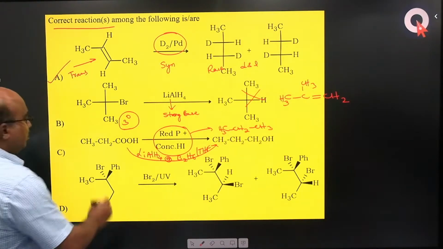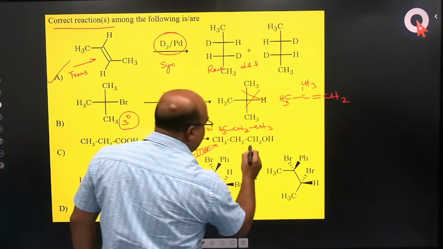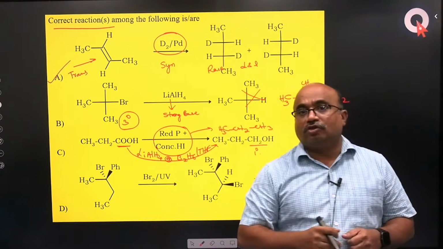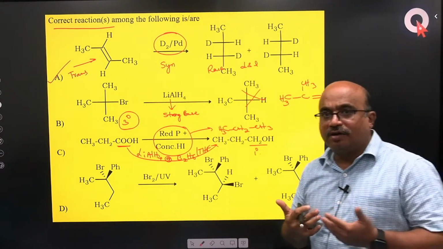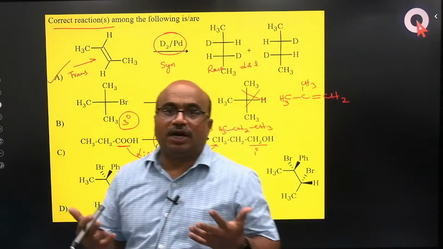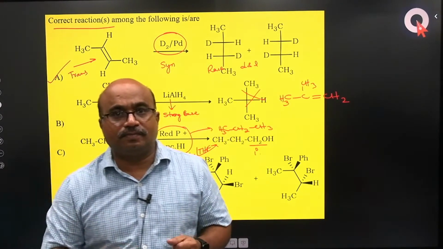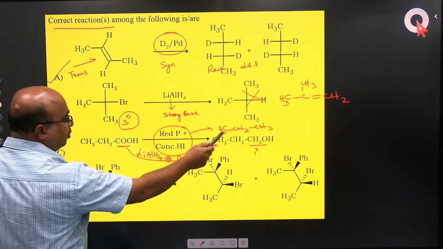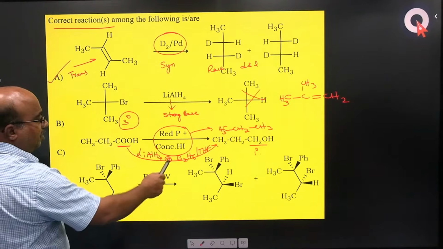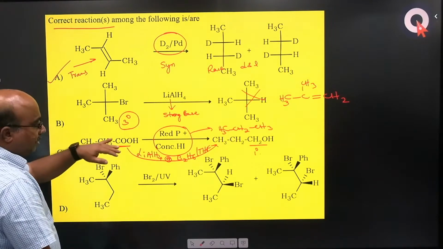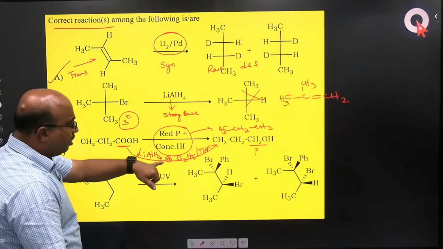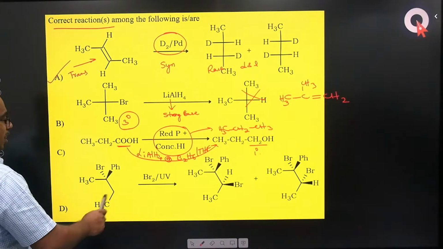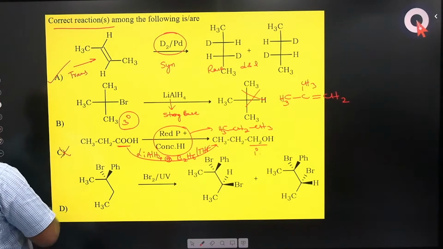So the acids will give primary alcohols. This is possible with a hydride donor like lithium aluminum hydride, but sodium borohydride cannot reduce acids, while diborane can. So mainly the reducing agents we use for the reduction of acids are lithium aluminum hydride or diborane in THF. Okay, so this is wrong.